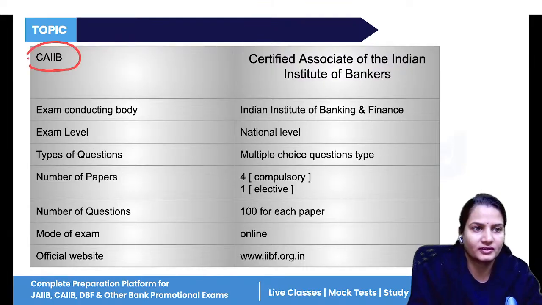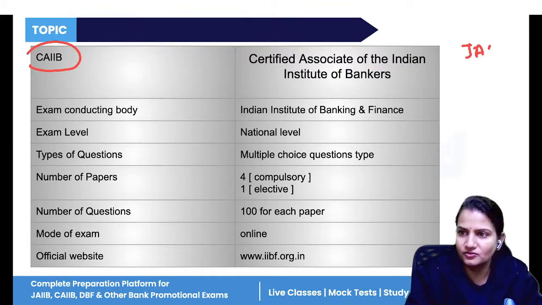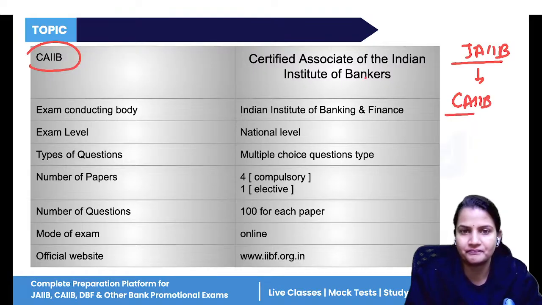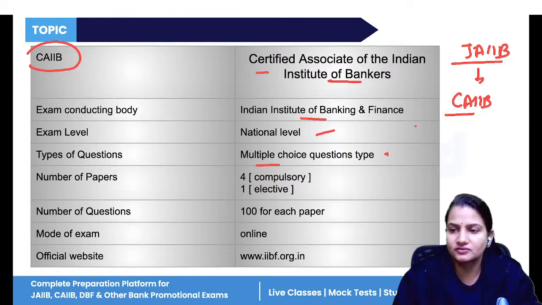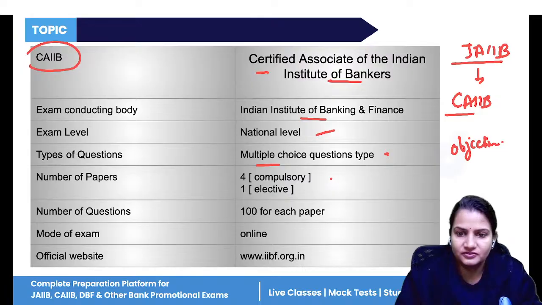Now, we all know what CIB is, just like your JIB. You have cleared your JIB, and the second step is to clear your CIB exam. It is the Certified Associate of Indian Institute of Bankers. Who conducts this exam? Again, IIBF. The exam level is national. The questions are multiple choice questions, that is objective type. Number of papers is 4, so in total you have to see 5 papers here.